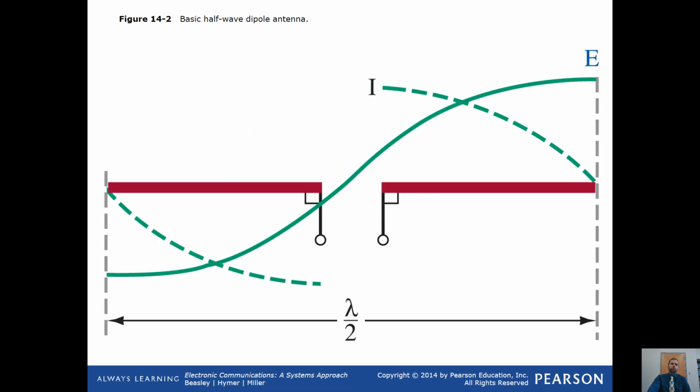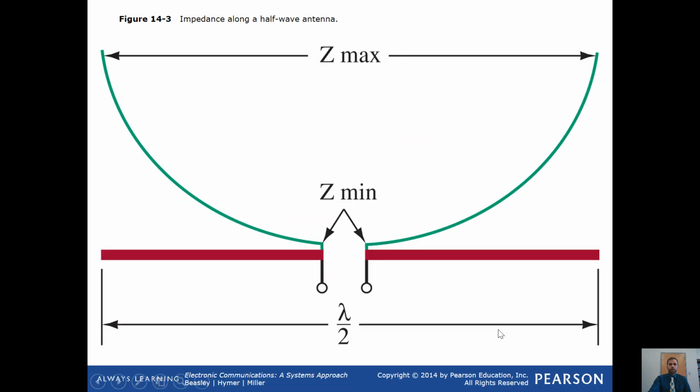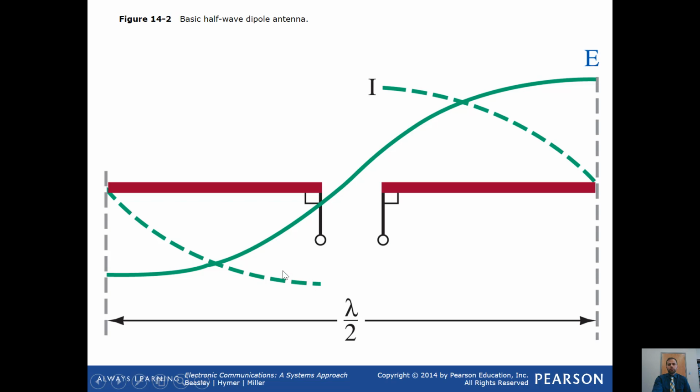So we'll get a little bit into this, but this is a basic half-wave dipole antenna. The physical length of the antenna depends on the frequency you're operating at. You would calculate your wavelength over 2, and that's the optimal length of that antenna to get the maximum power transfer. And here's your AC waveform, and your voltage and your current are typically out of phase.